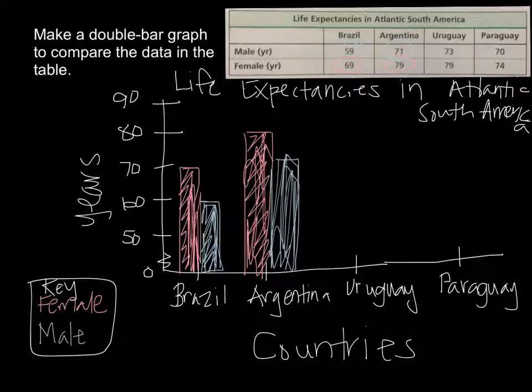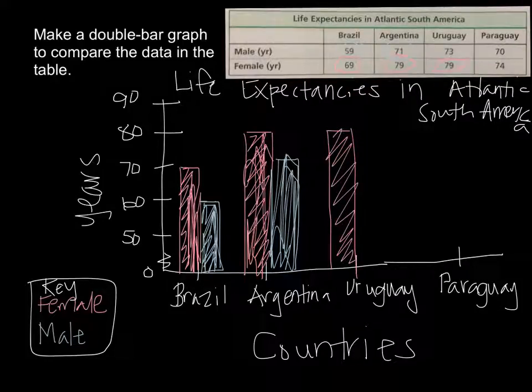Okay, and then Uruguay. Female is 79 again, so that should be about the same height as Argentina. And male is 73. Oh, even better for Uruguay.